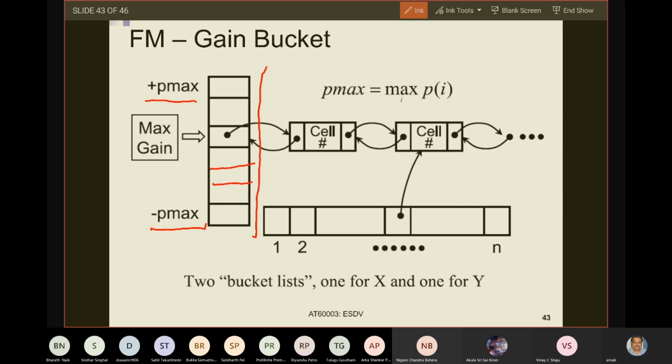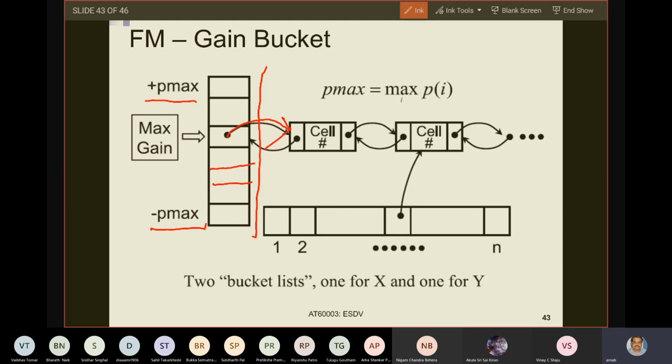Now, a certain array index, that means each array element is a pointer to what? A linked list. See this array? This black dot within this array is an element of the array.